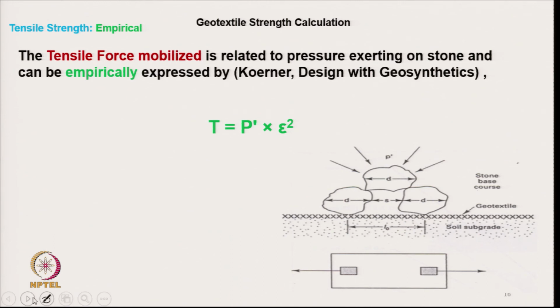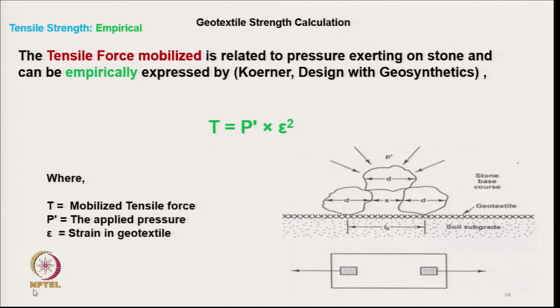P dash multiplied by epsilon square, where T is the mobilized tensile force, P dash is the applied pressure, that is equal to the tire inflation pressure, and strain in the geotextile is given by epsilon.